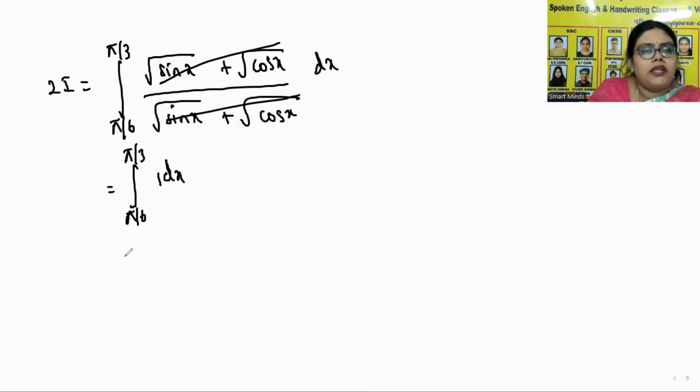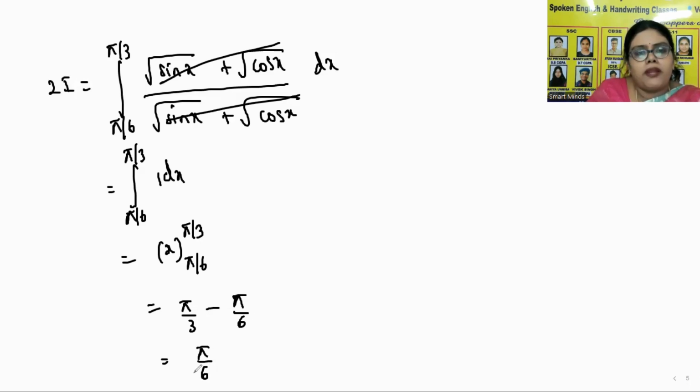And we know that integral 1 dx is x. Apply the limits pi by 6 to pi by 3. Now how to apply the limits? First you apply upper limit minus lower limit. Pi by 3 is 60, minus pi by 6 which is 30. So 60 minus 30 is 30. 30 can be written as pi by 6.